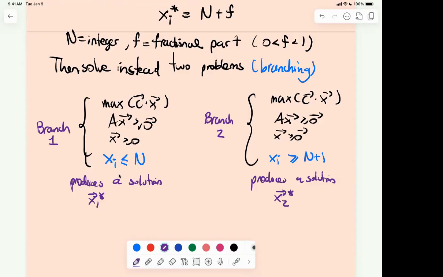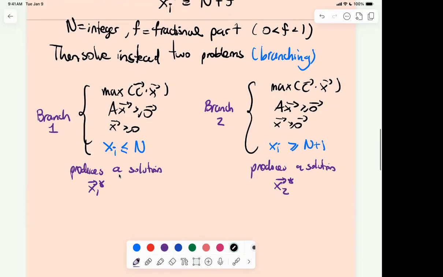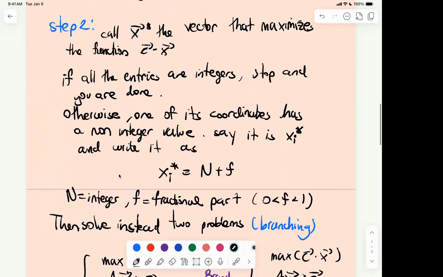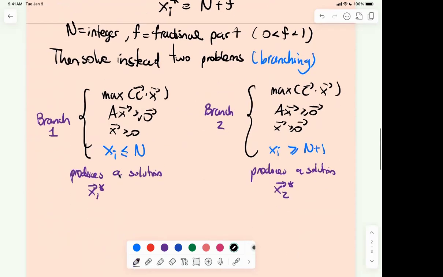And then what happens is that of the two, you continue on the branch that gives you the highest value for the function, the largest value, and then you drop the previous branch. Okay. So let's call, what would this be? Step 3, maybe. Step 3 is that you use the branch which yields the largest value for the function.